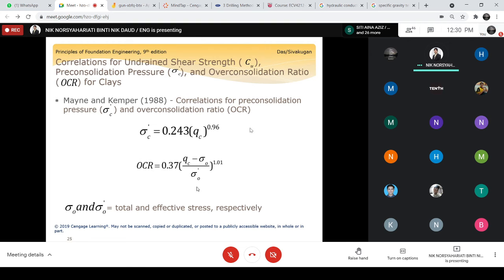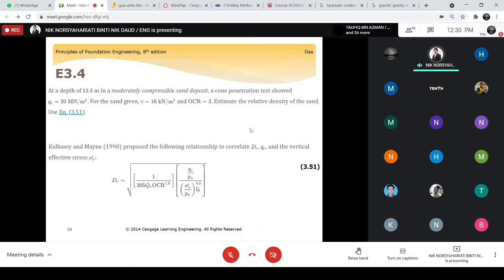Okay, you can have a look at example 3.4. Just test yourself. Of course, as several equations are provided, you just use the one based on the question, which refers back to what we just described in our previous slide.